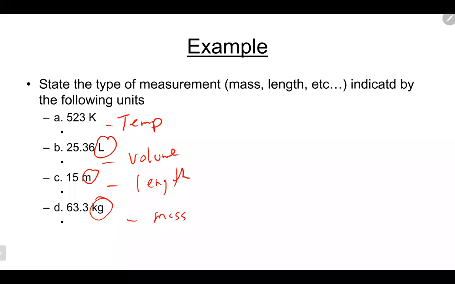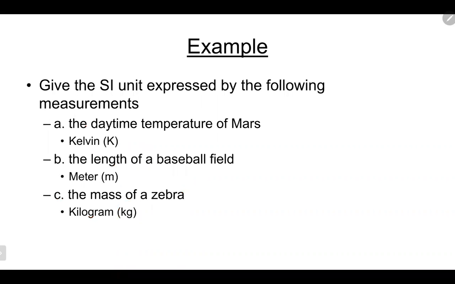So when you say you got 20 kilograms of something, that is not the volume. Make sure that you understand what those units represent in terms of the type of measurement that is being made. Any questions on any of those there? All right, so I think we just did that.